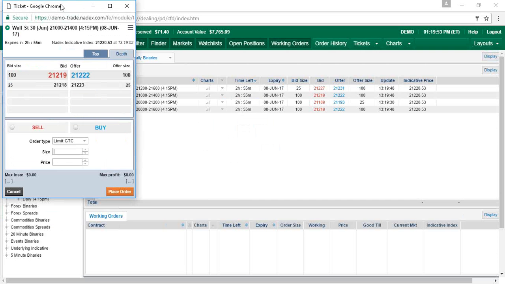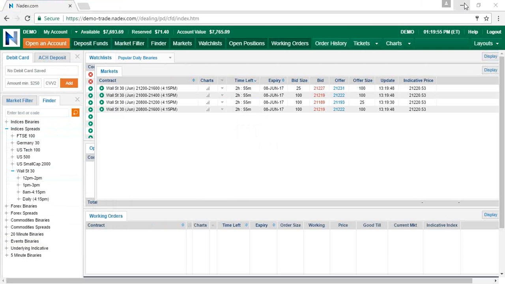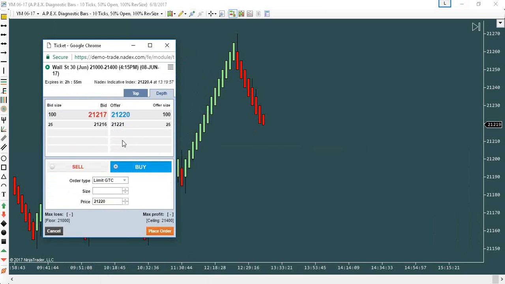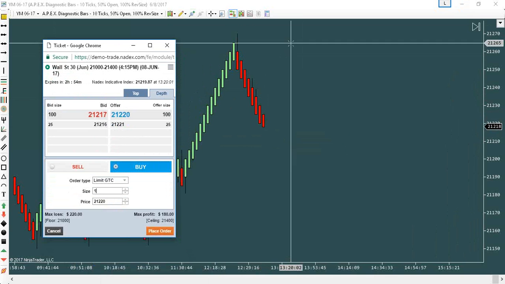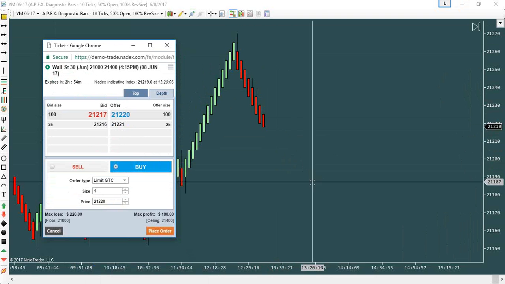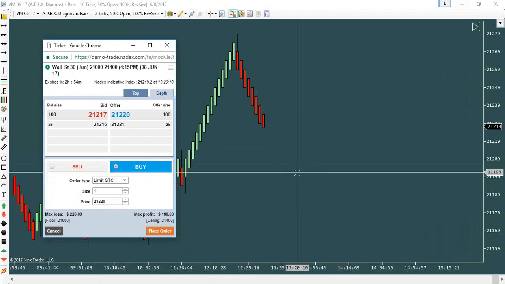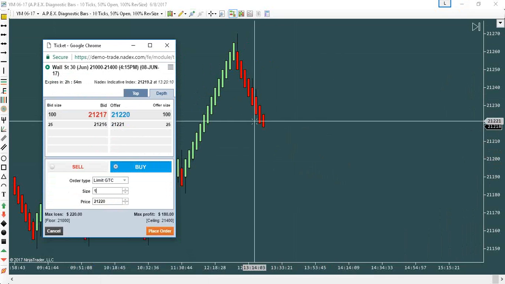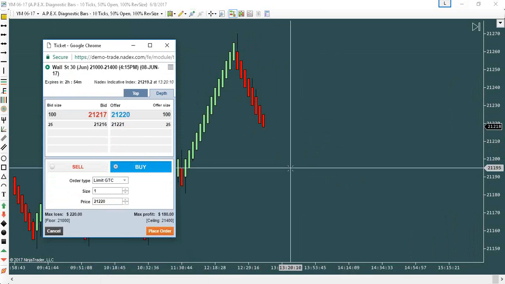Let me pull that over here. So I buy this, thinking that the market's going to go up. But the market goes down, say 25, 30 ticks against me, and I just get out.